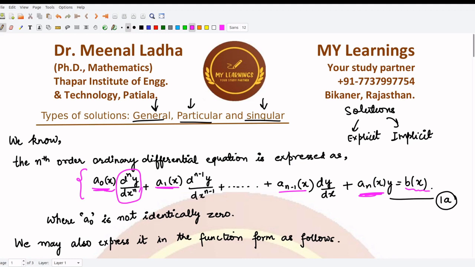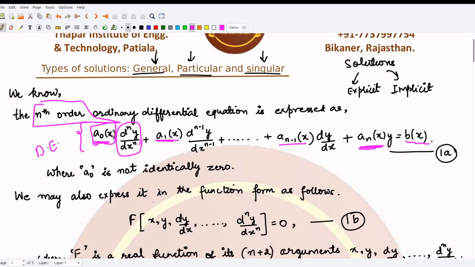Here a0(x) should not be identically equal to 0. Why? Because otherwise your equation won't remain nth order. You can also express this differential equation in function form, where it is a function of x, the independent variable, y, the dependent variable, and all the derivatives up to nth order of y with respect to x. Correct?